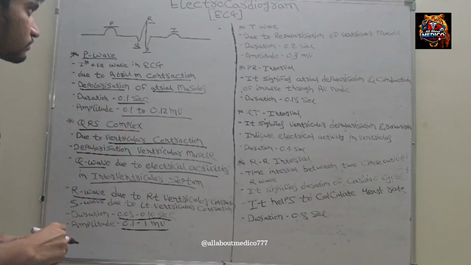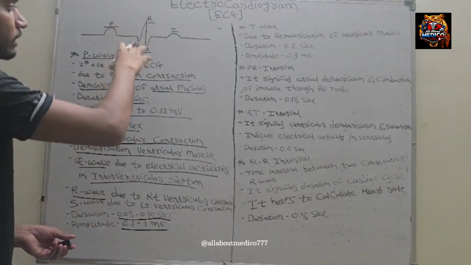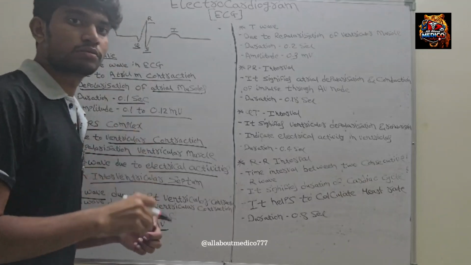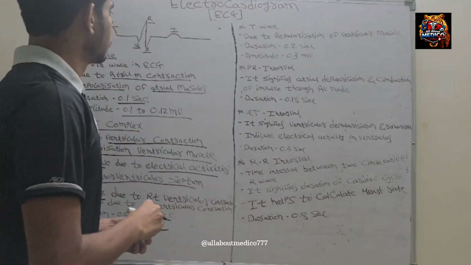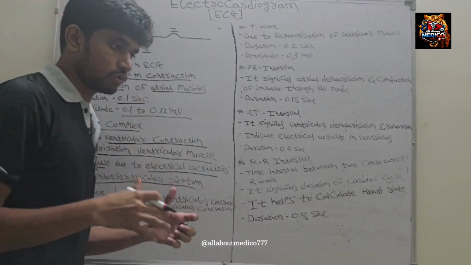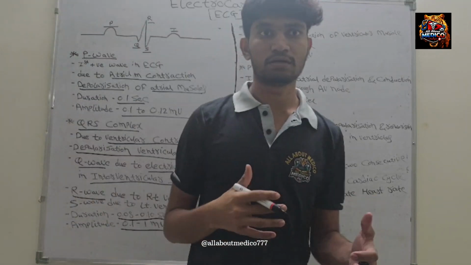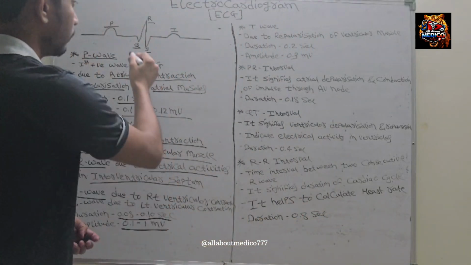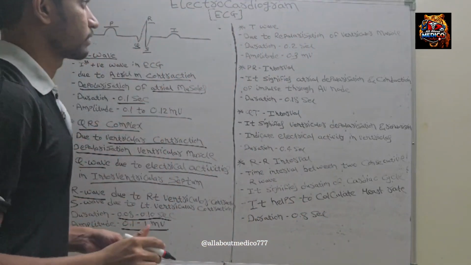During the QRS complex, ventricular contraction occurs and atrial relaxation also begins.